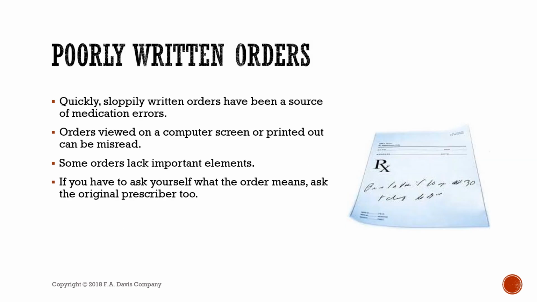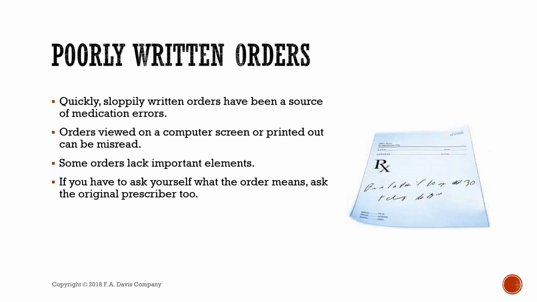As a nurse, you will have some sloppily, poorly written orders. Physicians sometimes write orders fast, and they have been a source of medication errors. Orders viewed on a computer screen or printed out can also be misread, and some orders do lack important elements. If you have to ask yourself what the order means or what it says, or if you have to go around and ask a nurse, could you understand this?